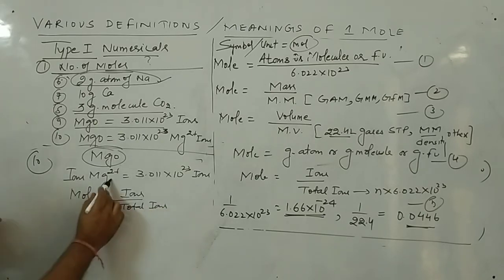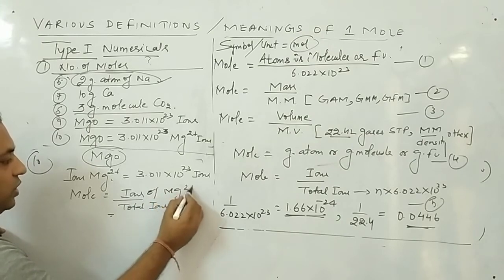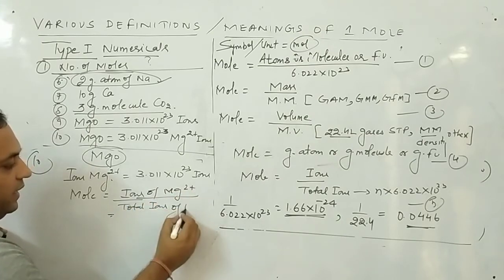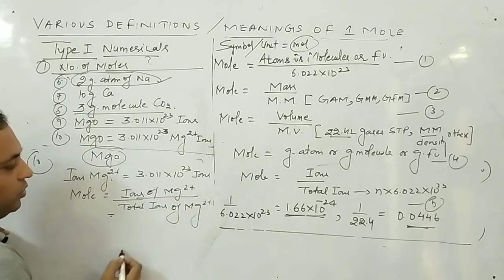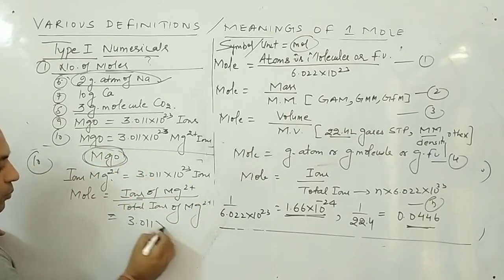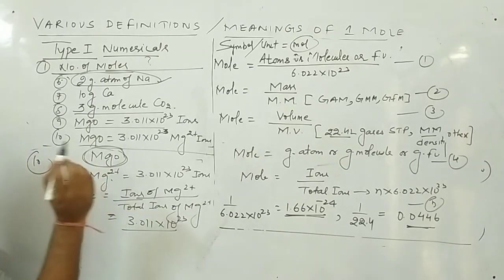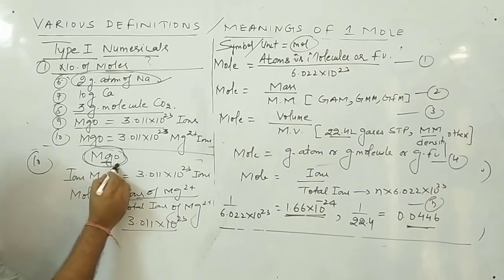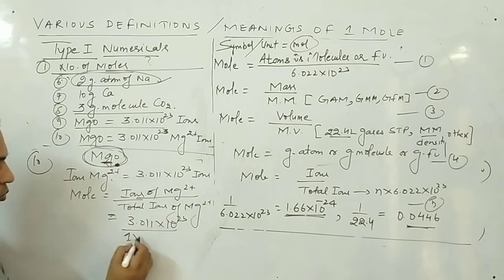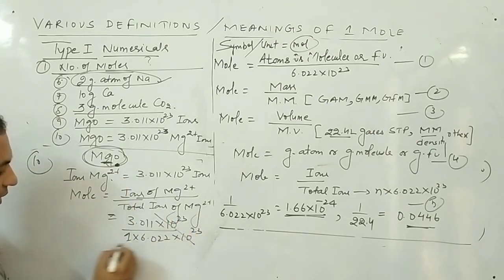Now since we are dealing in Mg2+, what will I write? Ions of Mg2+ upon total ions of Mg2+ in MgO. So ions given to you are 3.011 × 10^23. Now total, how can I calculate again? The number of magnesium is 1, simple 1. So 1 into 6.022 × 10^23. This cancels. You will get 1 by 2.